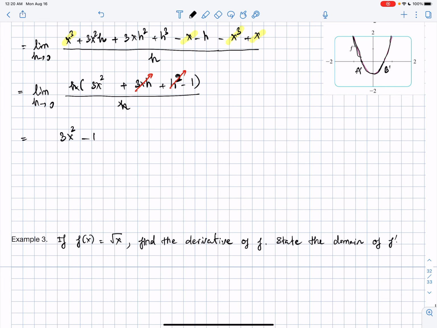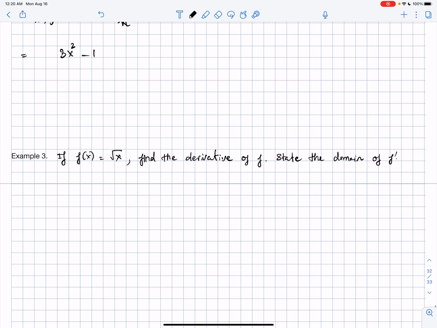Example number 3, we have the function f of x equals square root of x. We want to find the derivative of the function f. So the formula is f prime of x equals the limit as h approaches 0 of f of x plus h minus f of x, divided by h.